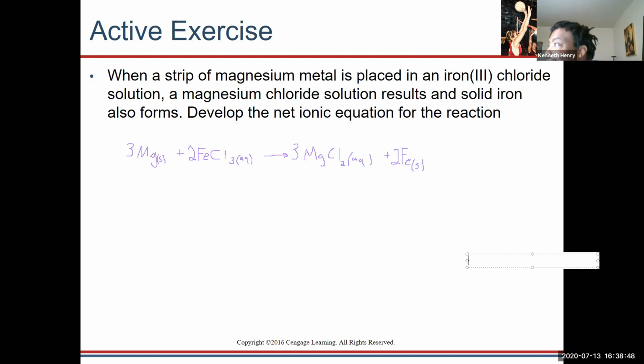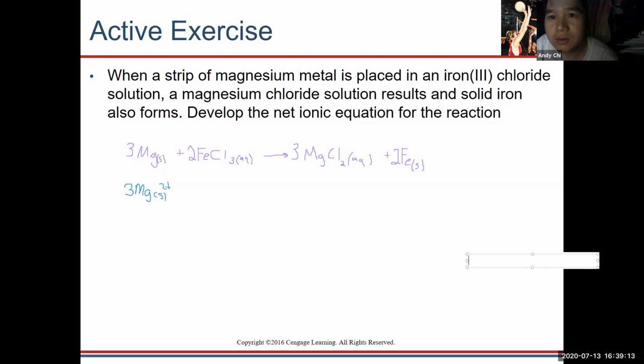All right. You're gonna have 3 magnesiums. 3 magnesium, solid. Is there going to be a charge on it?